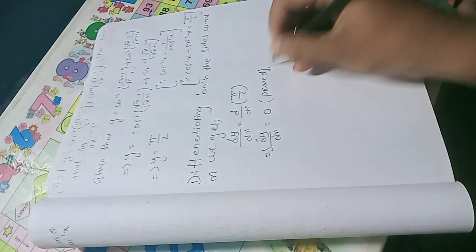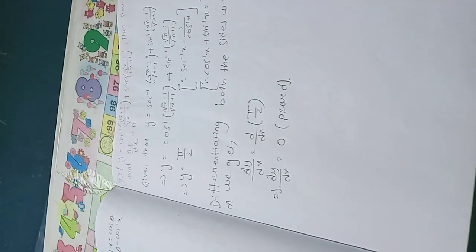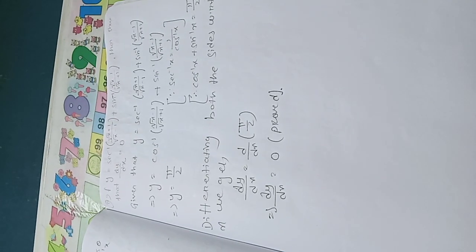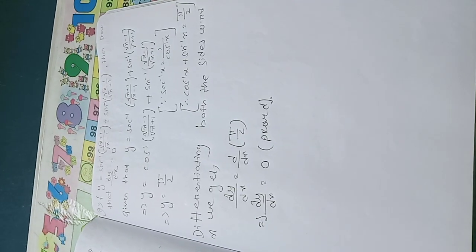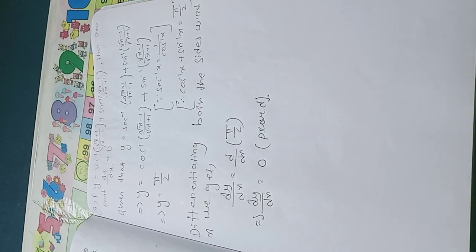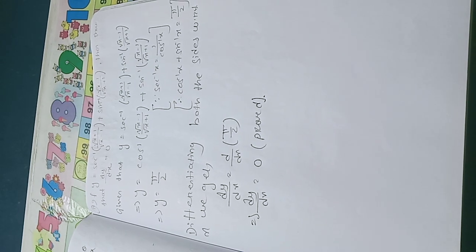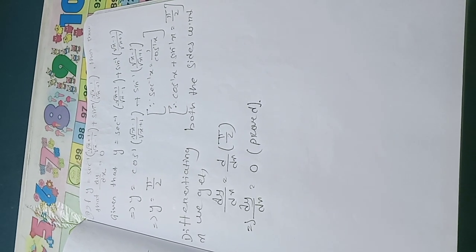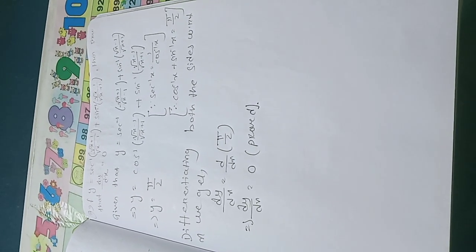This is a 2 mark question. Okay, write it clearly. Again I am reading the question. If y is equal to sec inverse root x plus 1 by root x minus 1 plus sin inverse root x minus 1 by root x plus 1, then show that dy by dx is equal to 0. You have to solve in this way.